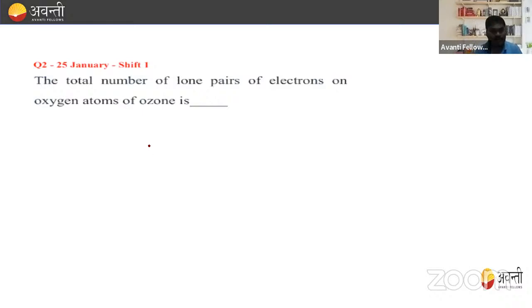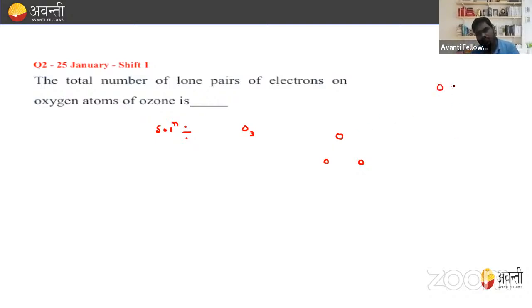So we all know the ozone structure, right? How will you draw the structure of ozone, beta? Ozone means O3, that is O, O, and O, right? There are many rules to draw the structure. I'll share with you one easy rule. By using such a rule, you can easily draw the structure of ozone.